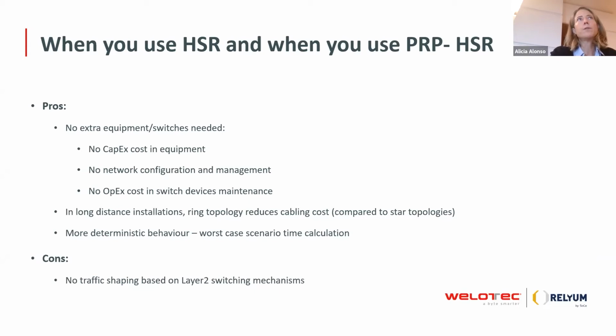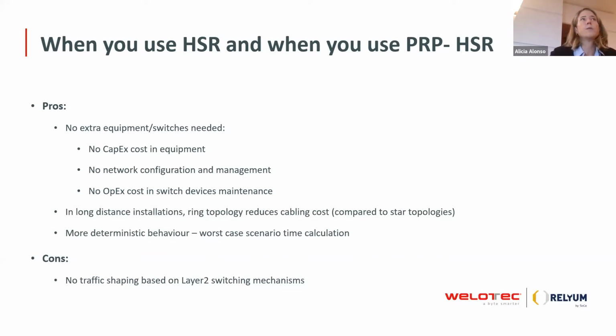Also, it has a very good performance in terms of cost savings in long distance installations, mainly because of the topology that is related with HSR, the ring topology. For example, let's talk about a process bus in a large substation where you have many elements in the switchyard, and all these elements are separated from each other by long distances.